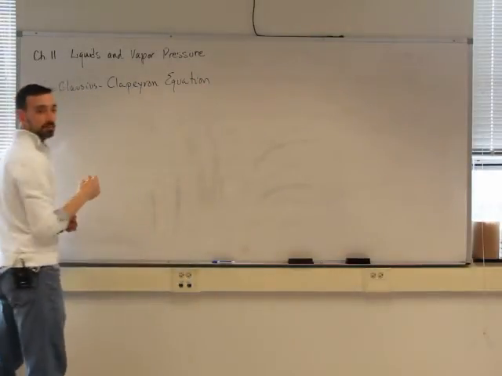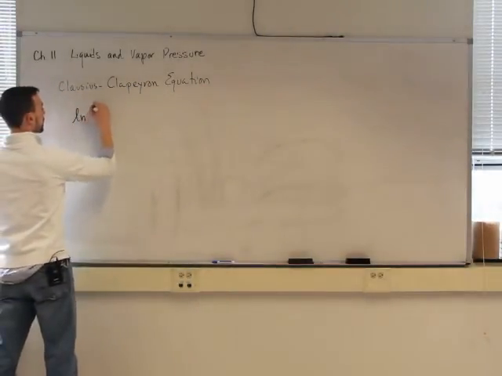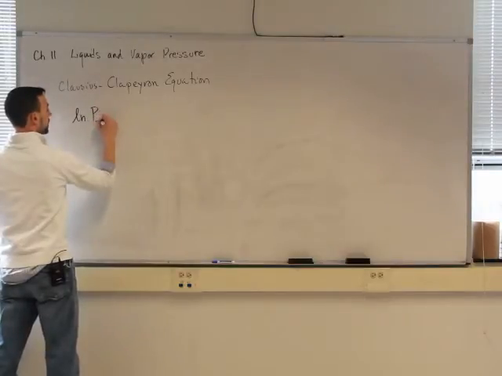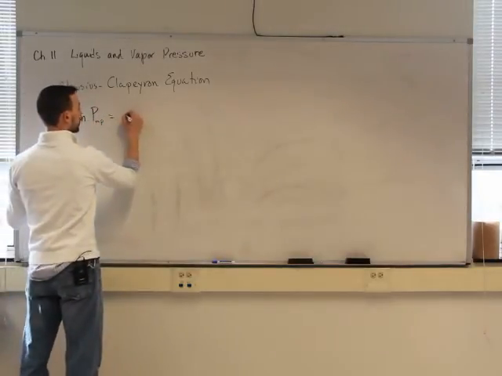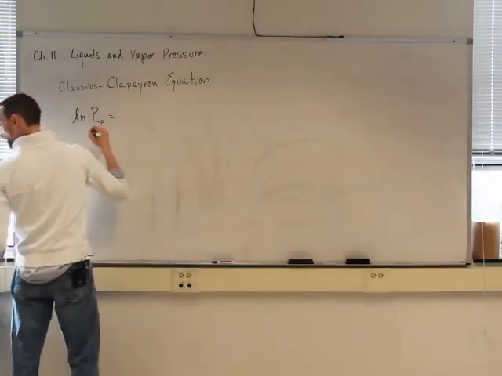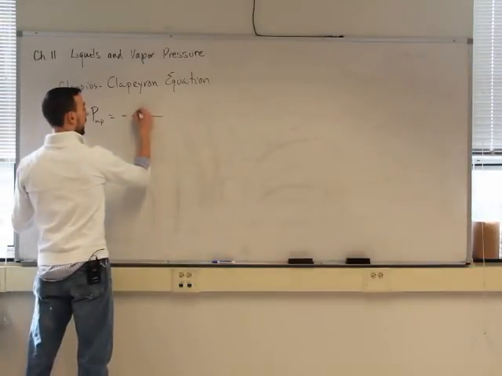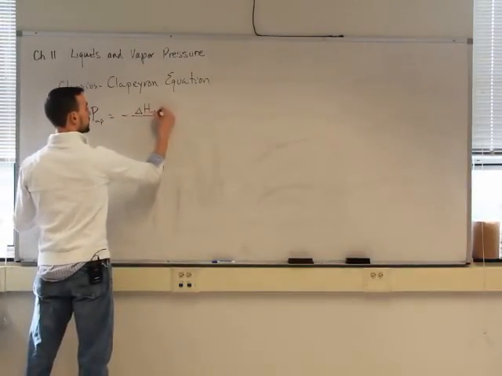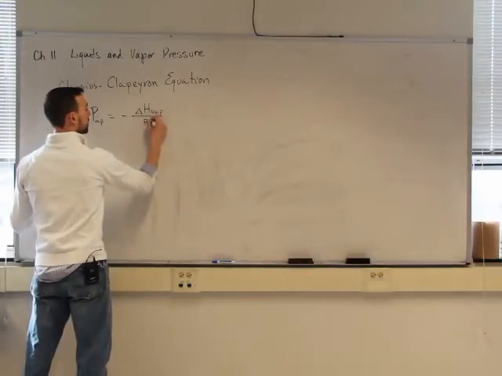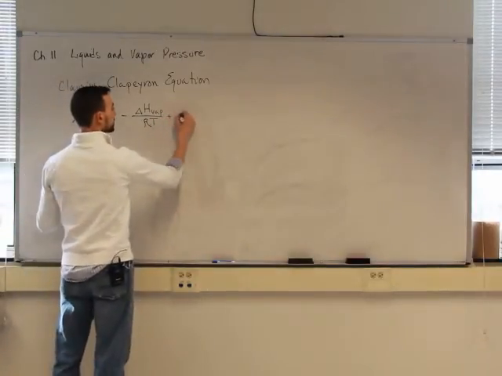The Clausius-Clapeyron equation says that the natural logarithm of the vapor pressure of a liquid is equal to negative enthalpy of vaporization, delta H VAP, divided by RT plus some constant.